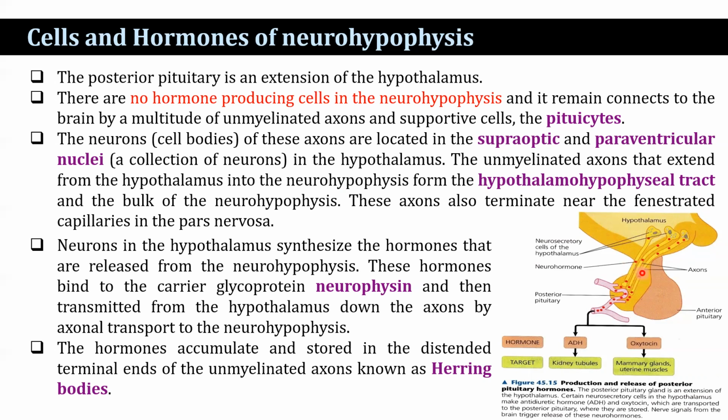Neurons in the hypothalamus synthesize the hormones that are released from the neurohypophysis. These hormones bind to the carrier glycoprotein neurophysin and are transmitted from the hypothalamus down the axons by axonal transport to the neurohypophysis. Here the hormones accumulate and are stored in the distended terminal ends of the unmyelinated axons, known as Herring bodies.